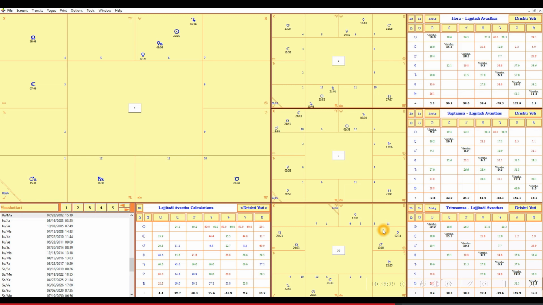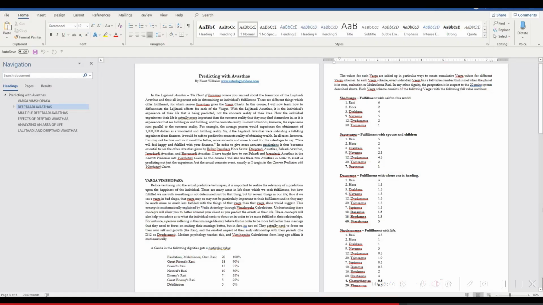Because whether Mars is going to just let them die or not is not just based on Mars and the Trimsamsha. So it's the Vimshopak that helps us see that. Okay? Even though Mars can't do anything based on his Trimsamsha position, based on the charts that support the Trimsamsha, which are the Shadvargas, you'll remember.